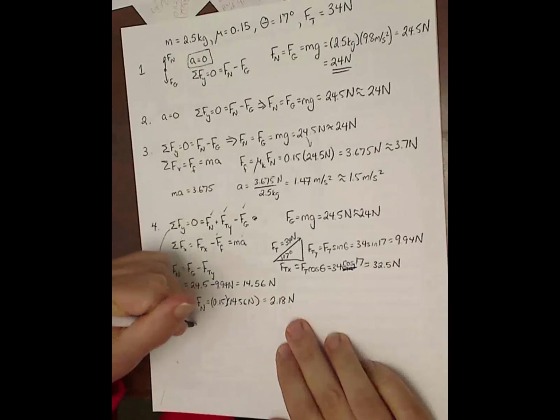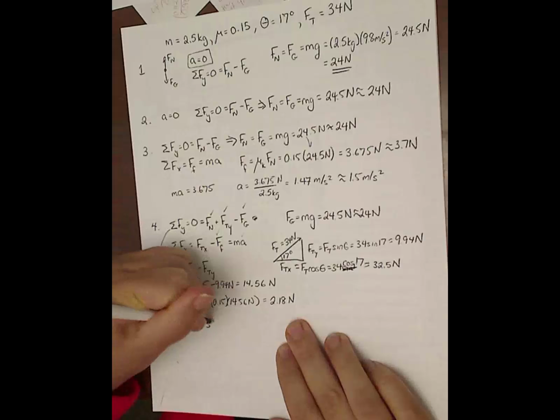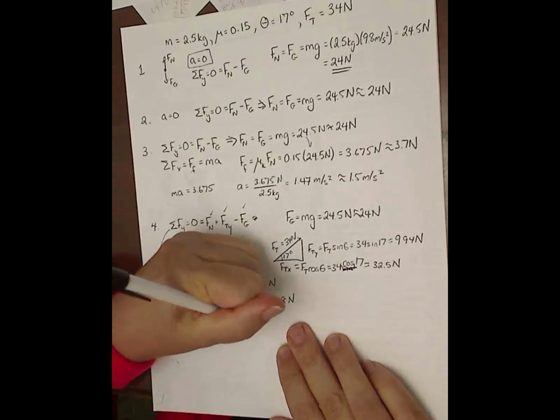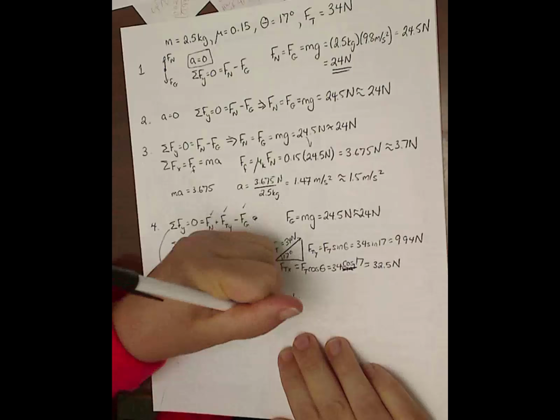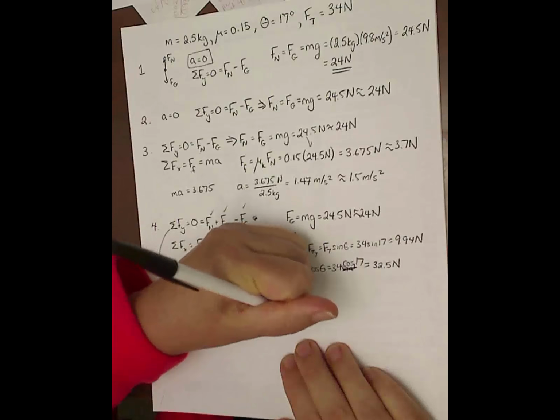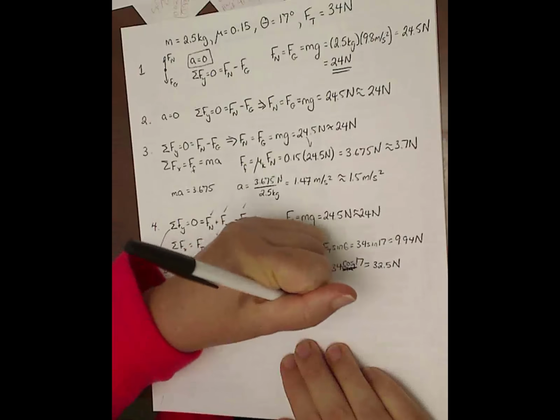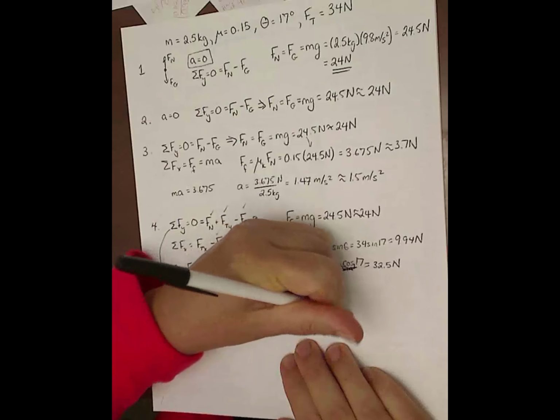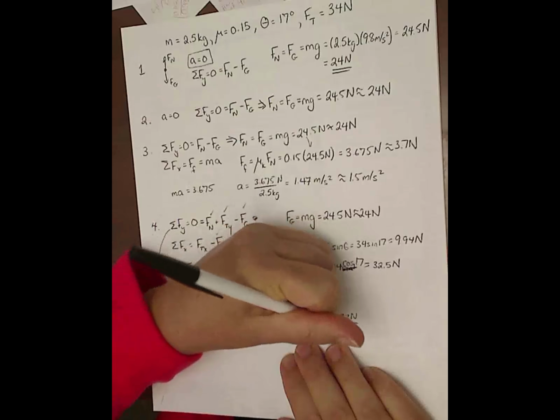So mass times acceleration is 32.5 minus 2.18, which is 30.32 newtons.